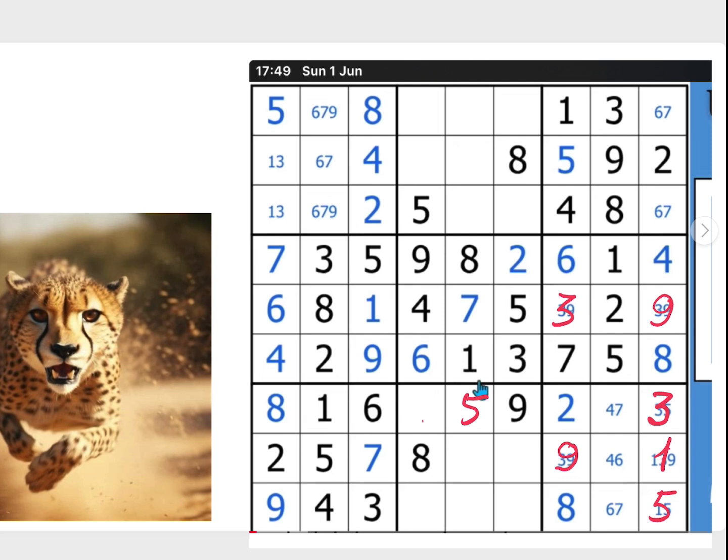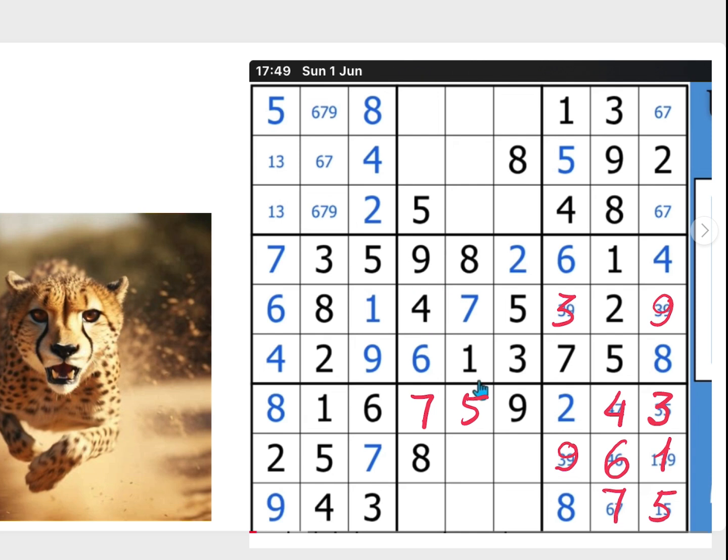Then further I can finish with 4 and 7. Here I have 4, so here I should have 7. I have 4 here, then it means here I have 6, here I have 7. So let's go further.